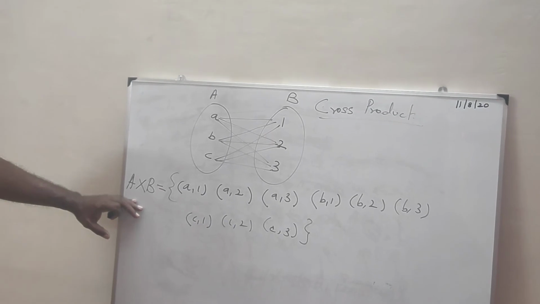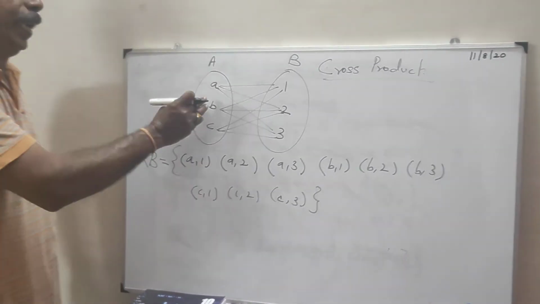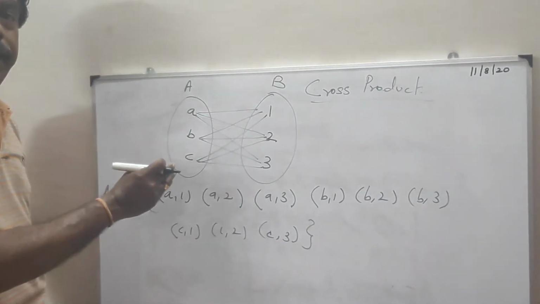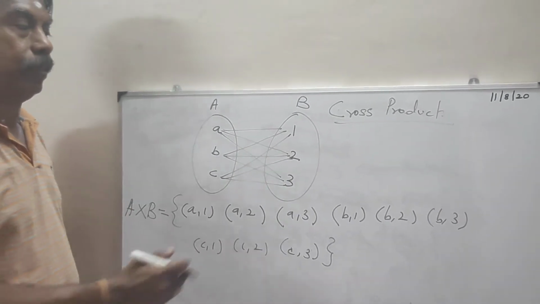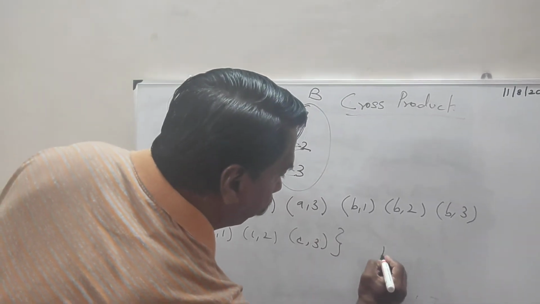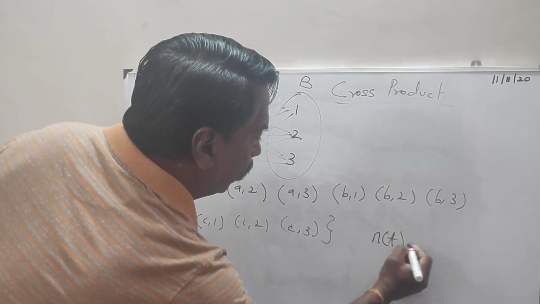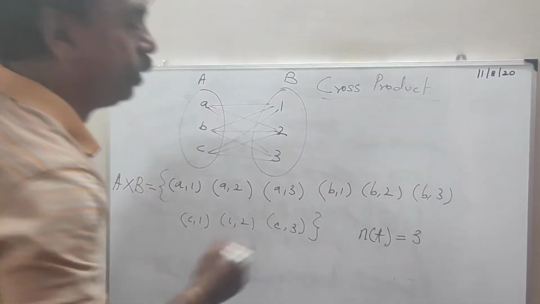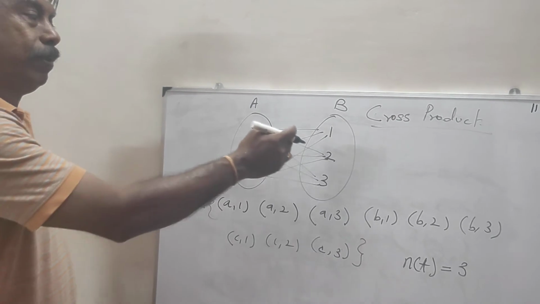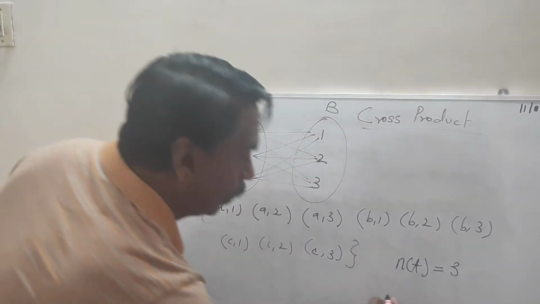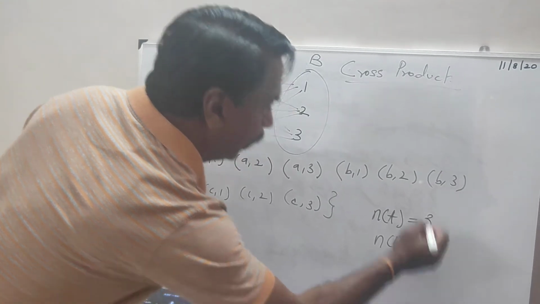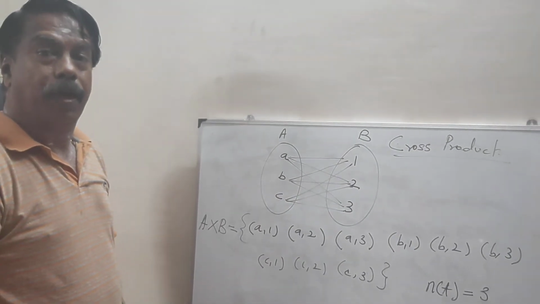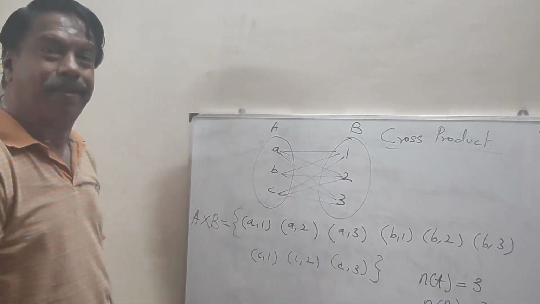So A cross B contains, now in A, how many elements are there? The 3 elements are a, b, c. That is n(A), the number of elements in the set A, is 3. How many elements are in the set B? The number of elements in the set B is also 3 here. Now, how many elements are there in A cross B?